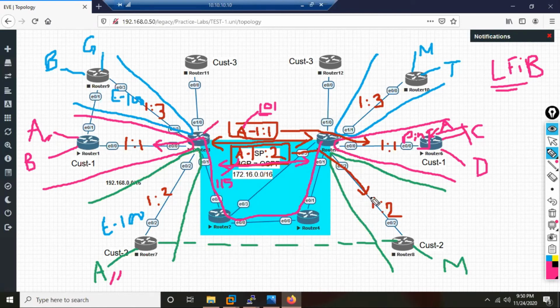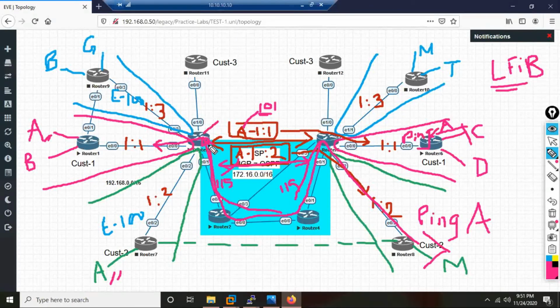So when customer 2 does a ping to A, the packet will come like this. R5 will put a label number of 115, and then it comes here on R5. R5 says, okay, what is the label? 115. I gave 115 to which route? A route. Which customer? Customer 2. Okay, you will go there.